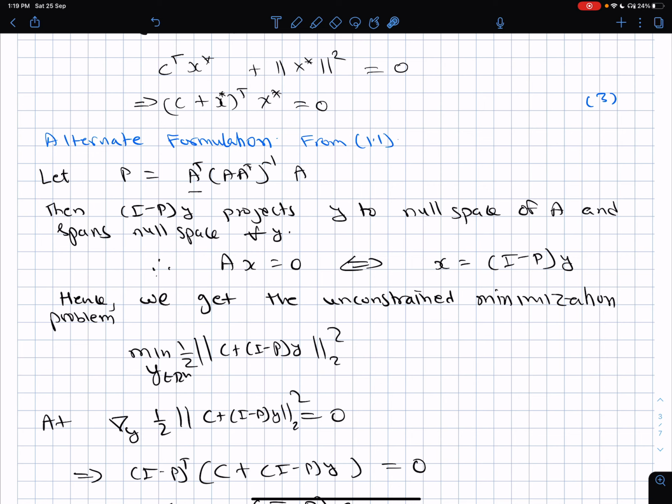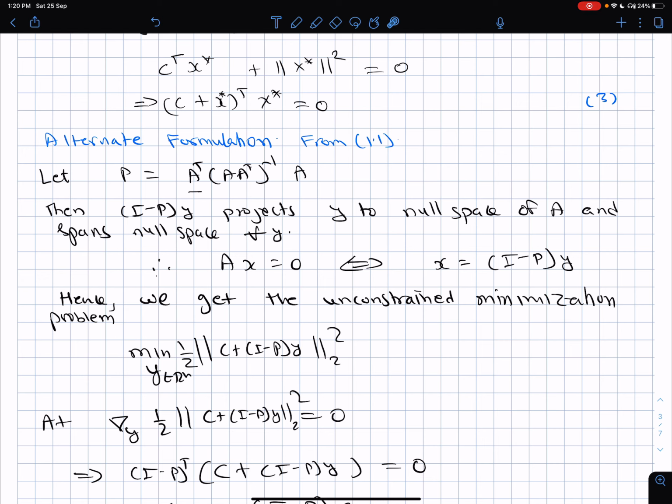This is A plus, and this is A, and I had written below for you to check that A plus A is always a projection matrix. First of all, you can easily check that this is symmetric. Second, you just check that the square of it is the same matrix.